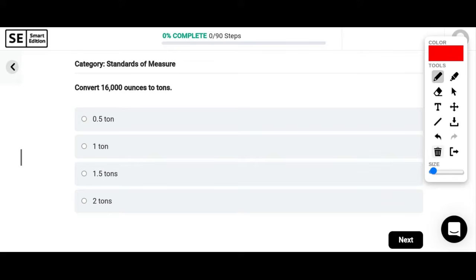Okay, here's another question. We're going to do a conversion. 16,000 ounces to tons. 16,000 ounces is equal to how many tons? It might be easier to go from ounces to pounds and then pounds to tons, because those are conversions we typically know.